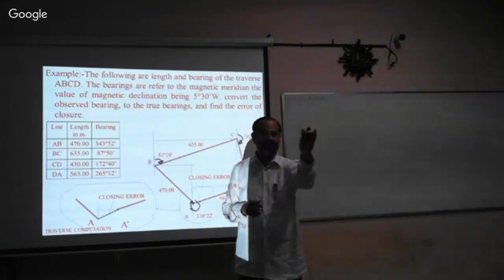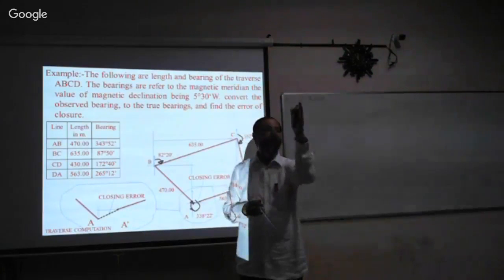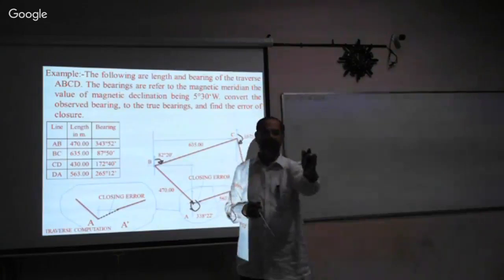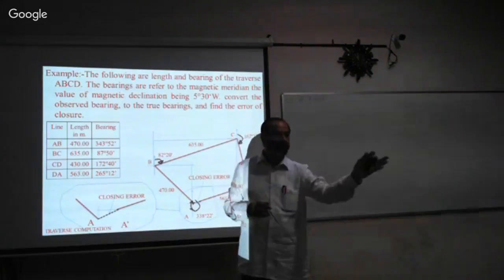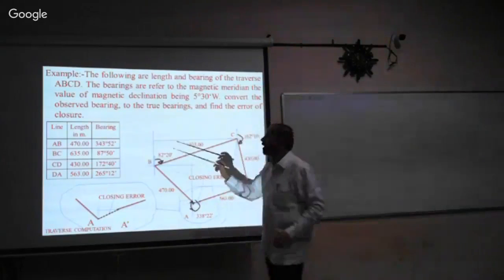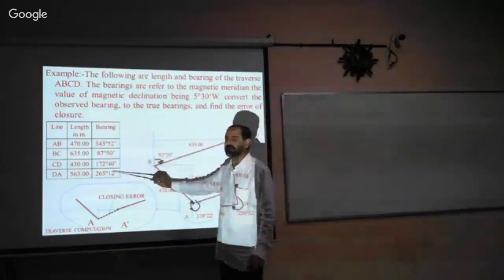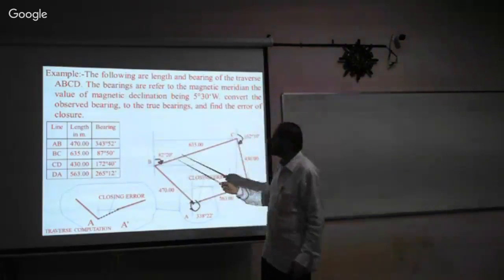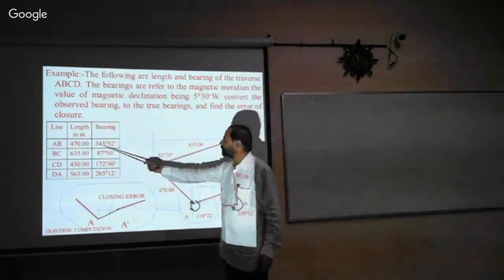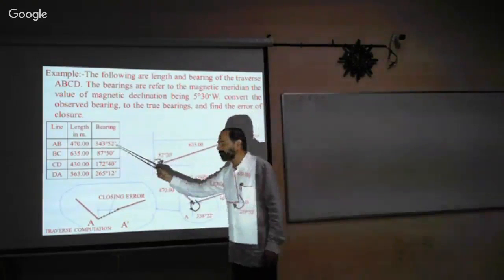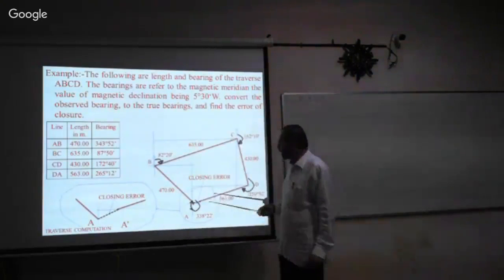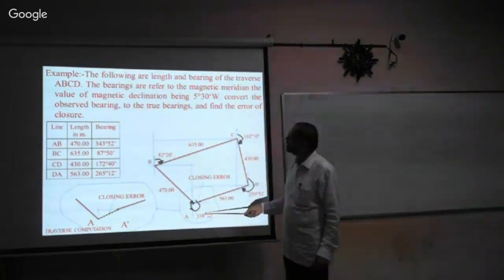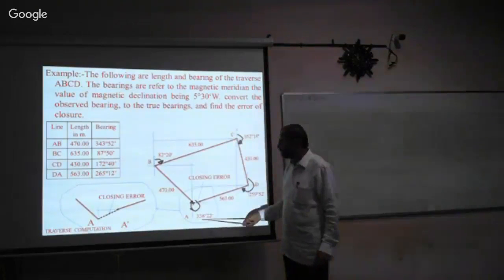Strictly speaking, the magnetic needle must give the true north. Therefore, 5 degree 30 minutes more is accumulated in all the readings. Now see, we can check this. This is 343 degree 52 minutes minus 5 degree 30 minutes. Therefore, how much is it?